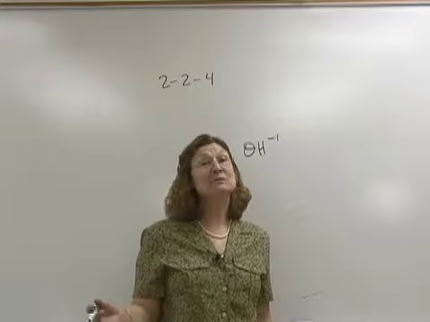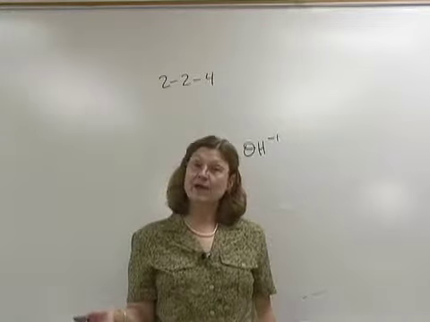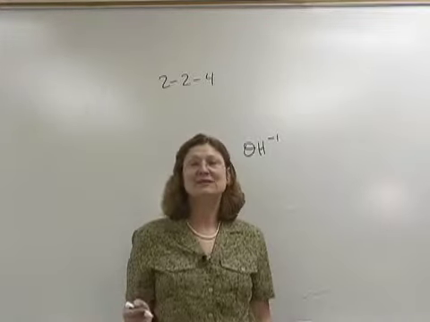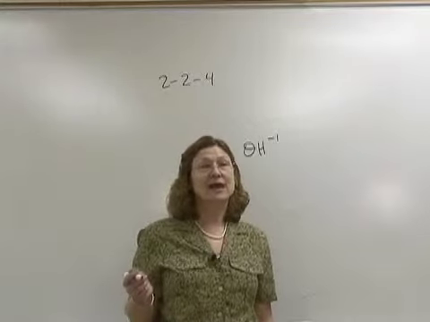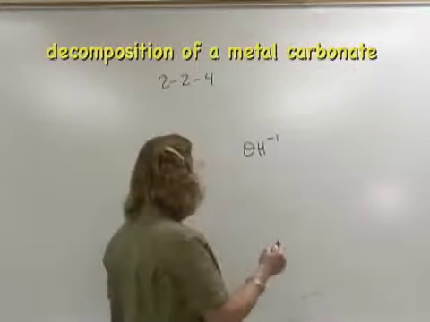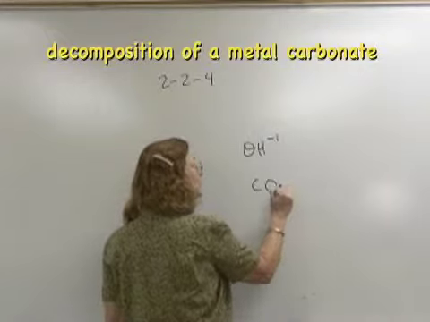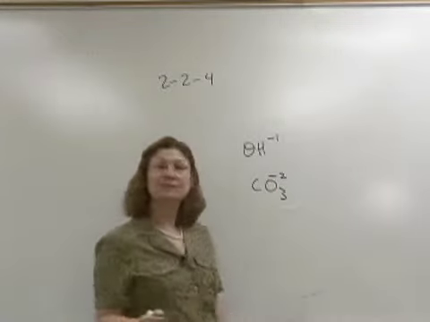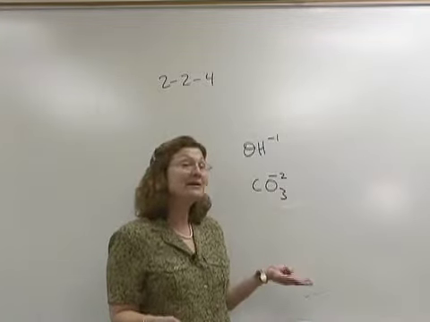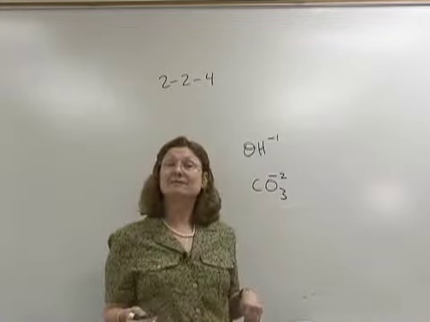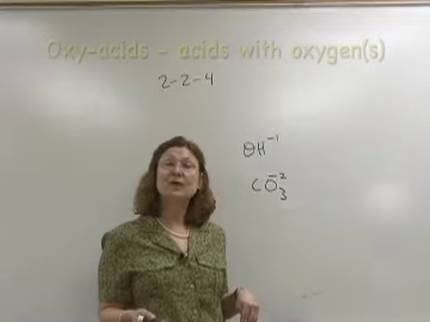And when we decompose a base, we get water and a base anhydride. That makes perfect sense. When we have a carbonate, the next one would be a carbonate. Carbonate has a -2 charge. Now, a common molecule that forms when we decompose a carbonate is carbon dioxide. So that makes sense as well.